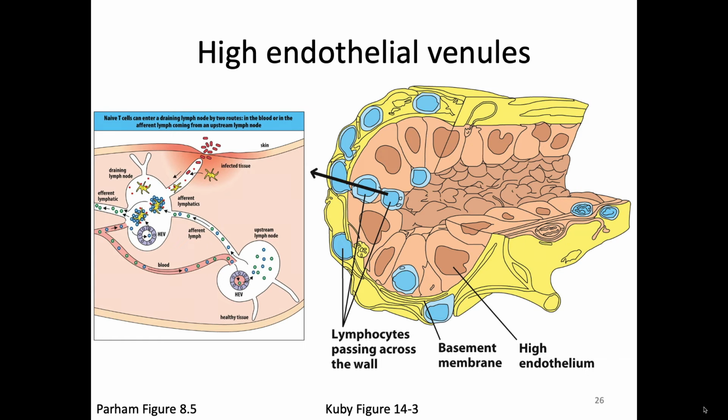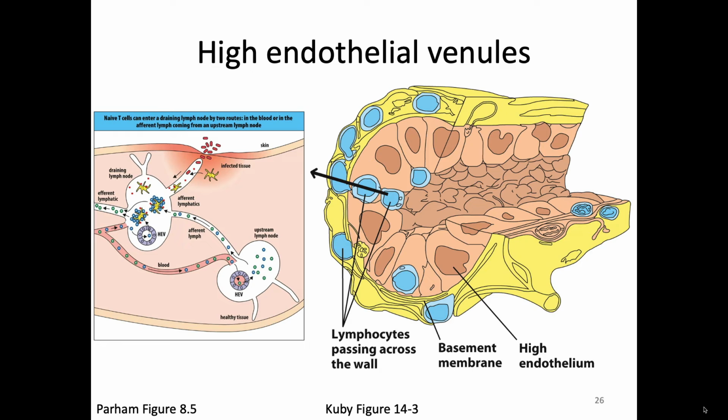This gets its own slide because I was so confused about it for a long time as an undergraduate. So when we look at lymph nodes, we can see blood vessels coming in and out. And I've shown you those blood vessels before. Sometimes they are listed as HEVs.